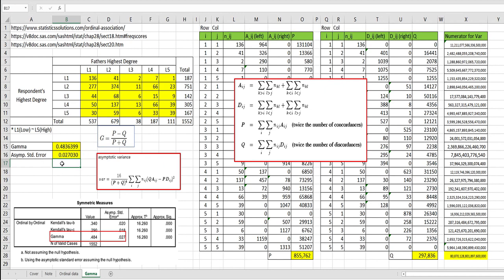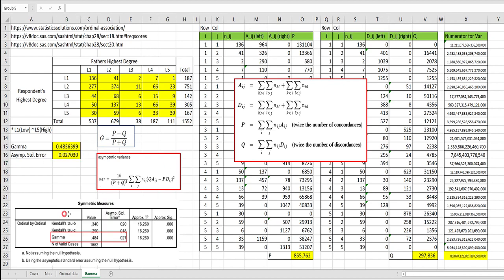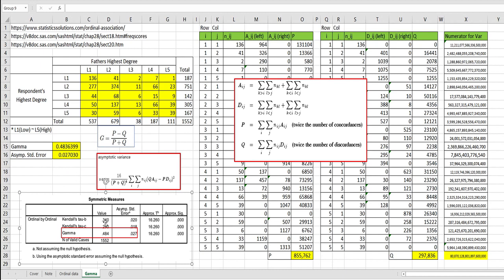So we have got the same result as SPSS. So gamma is 0.48. Once we have father's highest degree information, we can predict respondent's highest degree in a better way. So it means that we can improve our prediction rates by 48%.